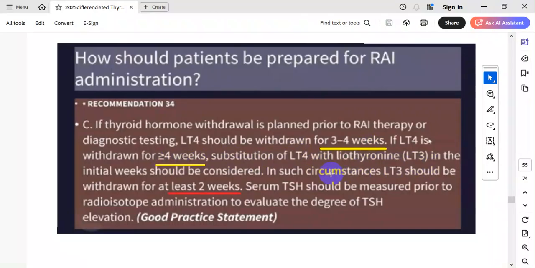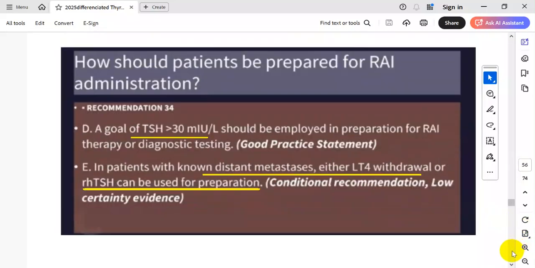And also serum TSH should be measured prior to the radioisotope administration to evaluate the degree of TSH elevation. The goal is that TSH more than 30 should be employed in preparation for radioiodine therapy or diagnostic testing. In patients with nodal and distant metastasis, either LT4 withdrawal or recombinant TSH can be used for preparation.